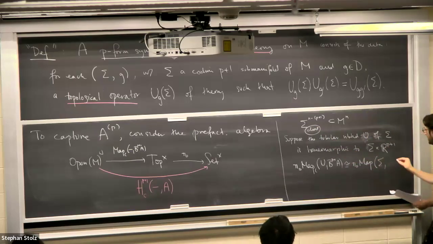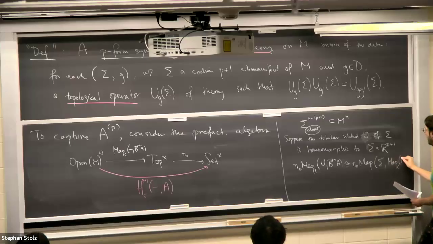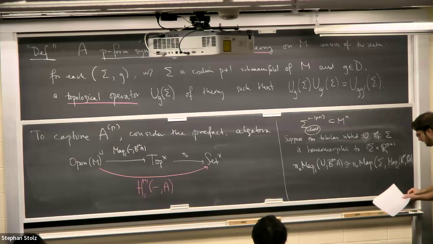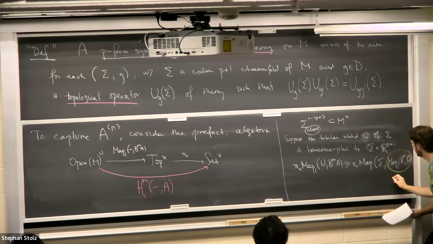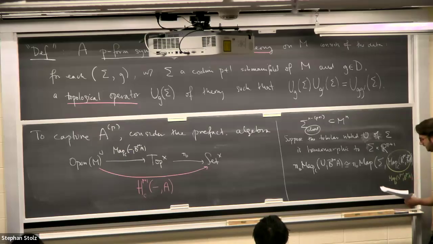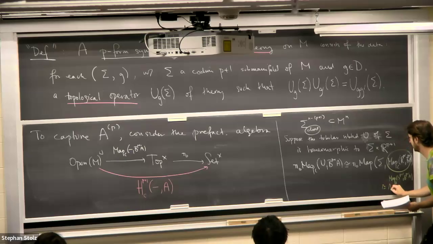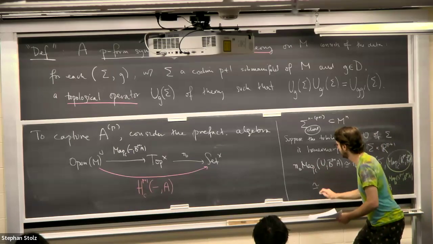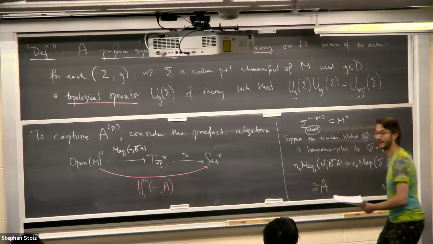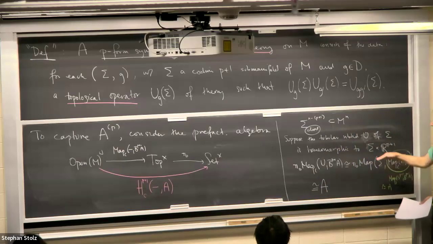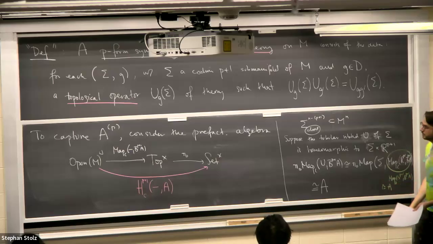This is just some map from sigma and compactly supported maps from R^{p+1} into B^{p+1} of A. We saw last time that this thing is the same thing as pointed maps from S^{p+1} to B^{p+1} A. This is actually equivalent to A. So I'm just giving you some facts from algebraic topology. So this whole thing is isomorphic to the set A, if you just run through the topology, more or less.